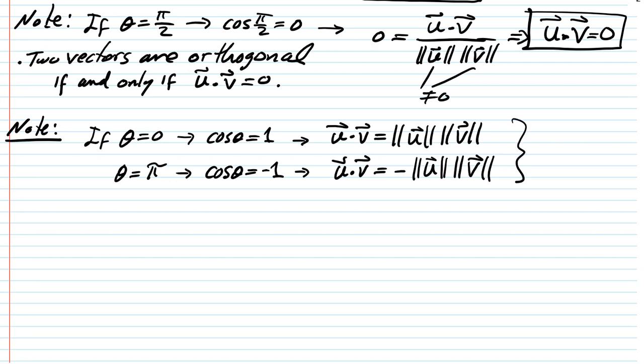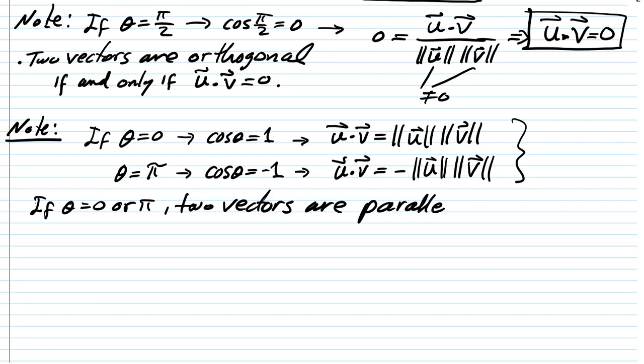Now, in either case, we have what we call parallel vectors. So let me write this. If theta is 0 or pi, then two vectors are parallel. Okay, now, how can two vectors be parallel?